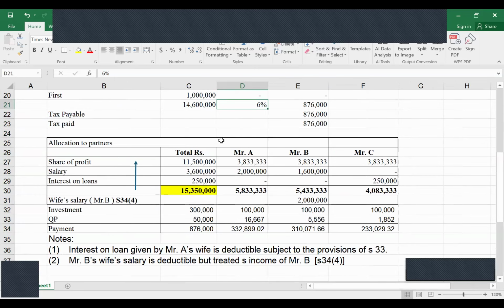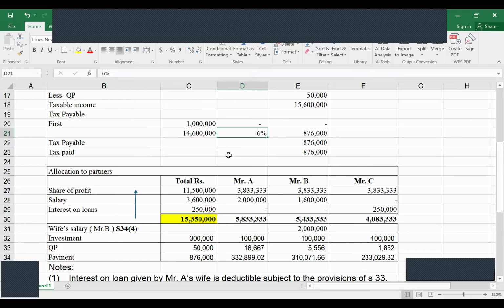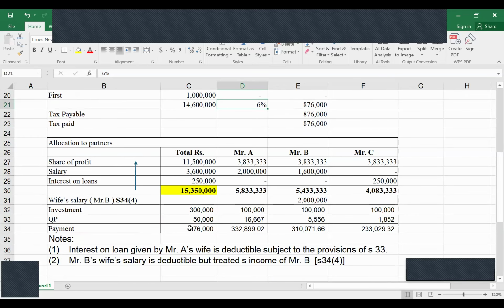We cannot stop the calculation at this part, but this specific table also should be calculated if we are calculating partnership tax liability, because this includes the share of profit of the partners, not the partnership. So now we are going to do that calculation. We call it calculation of share of profit of the partner.